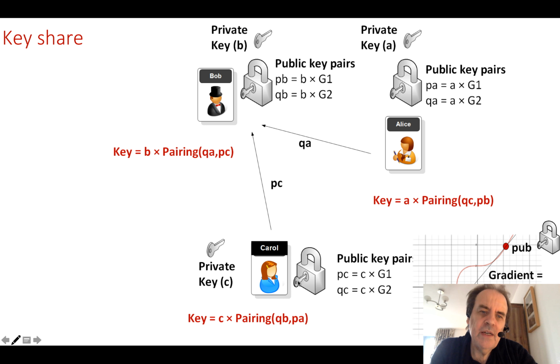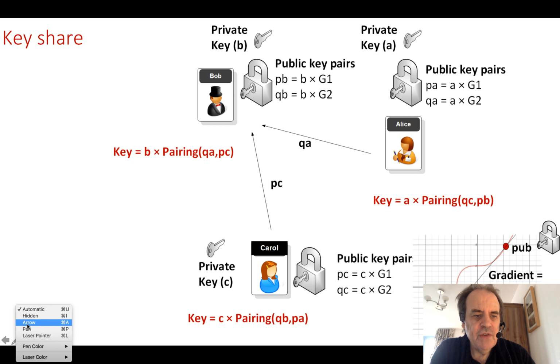Okay, so let's look at a practical example. In this case, Bob, Alice and Carol want to generate a shared secret key, and they only want to communicate their values once. So in this case, Bob, Alice and Carol each generate their own private key. Okay, that's b, a and c.